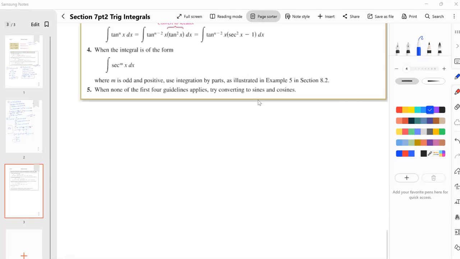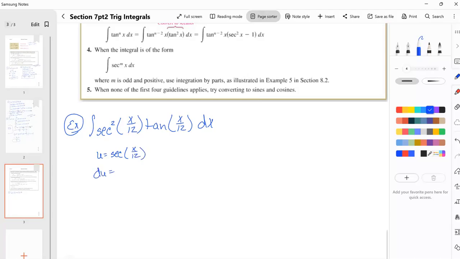Let's say we want to integrate secant squared of x over 12 times tangent of x over 12 dx. So we could think about u being your secant.